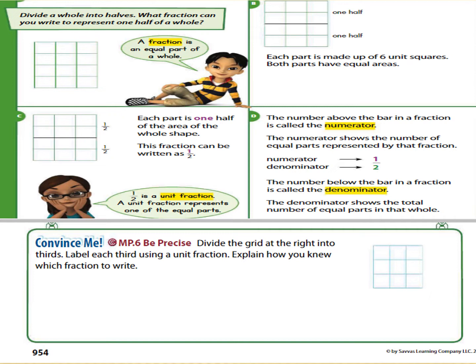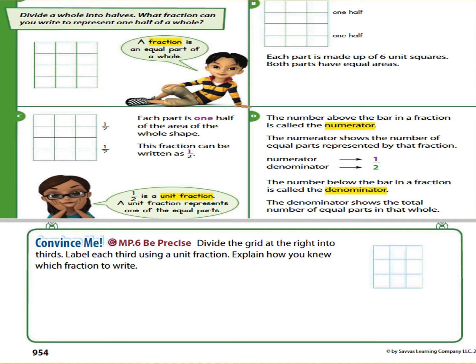The fraction can be written as 1/2. Also, you should know that 1/2 is a unit fraction. A unit fraction represents one of the equal parts.